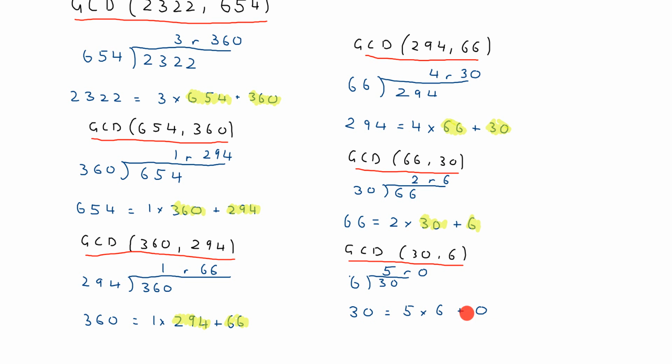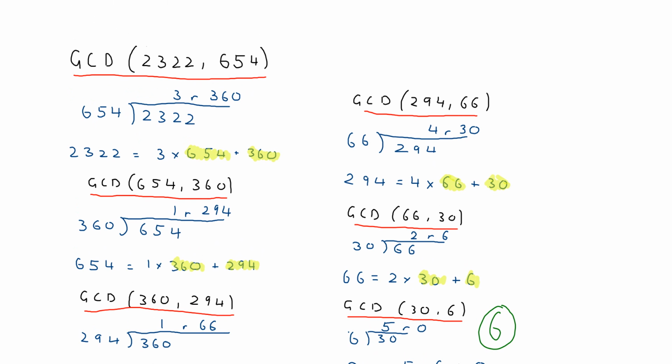So the greatest common factor, or the highest common factor, of 30 and 6 was just 6. So let me write that down. It actually was just 6, with no remainder. And 6 is also going to be the highest common factor of 2322 and 654, so it's 6.